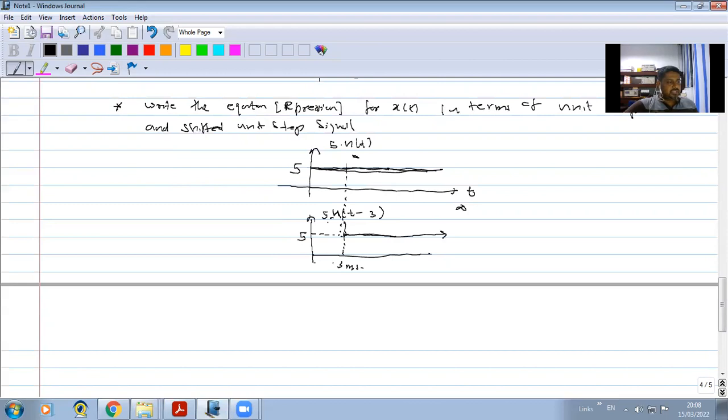From 0 to 3 milliseconds, it is 5 minus 0, that is 5 volts. What happens from 3 milliseconds to infinity? That is 5 minus 5, and you will get 0.